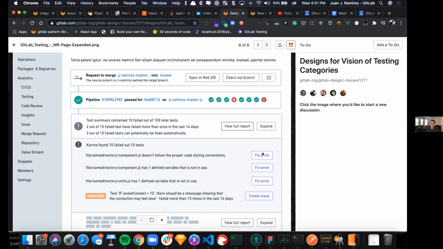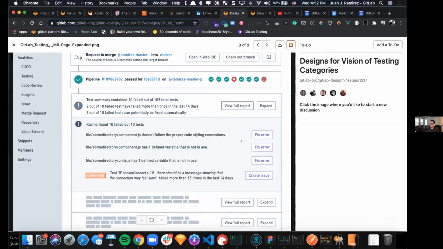So the goal here would be, because we know what the issue is, and we know that we just need to run whatever yarn prettier or whatever command you need for linting, you could just click fix error, and what that would do is basically write that diff, and then rerun the pipeline with the diff.